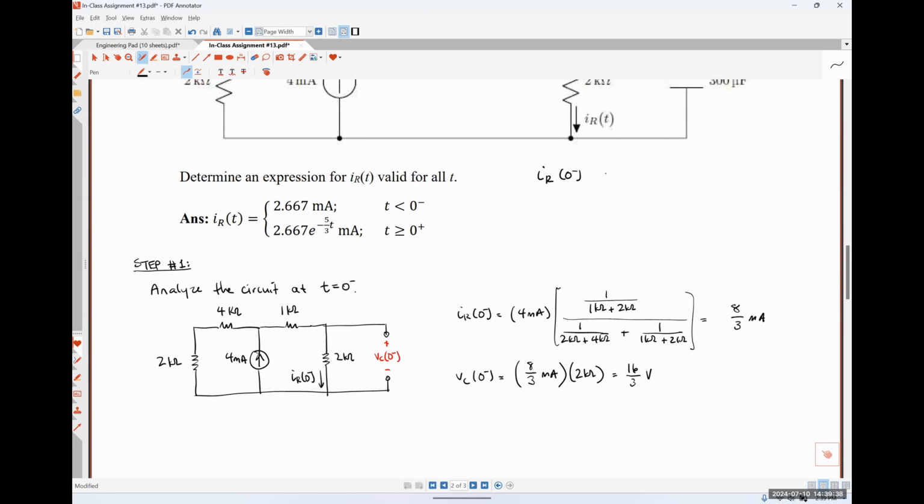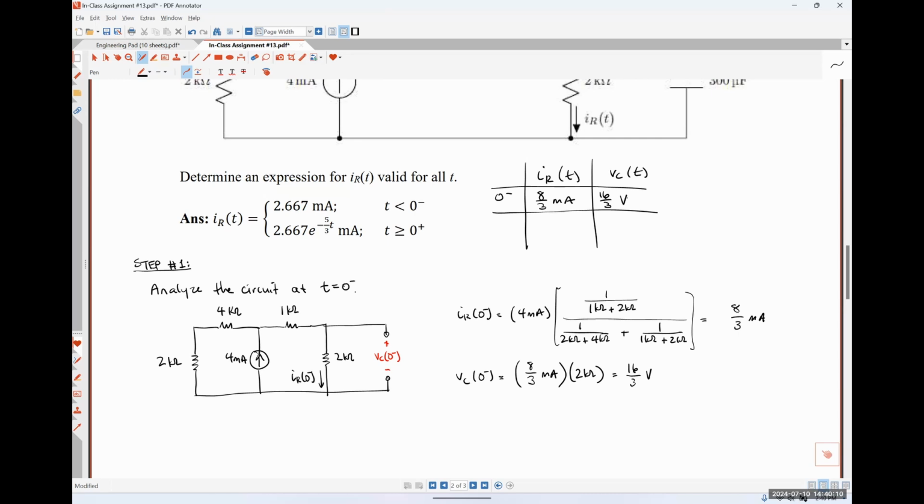So IR of t and VC of t, and on this side, we're going to have times. At 0 minus, we had 8/3 of a milliamp, and VC was 16/3 of a volt.